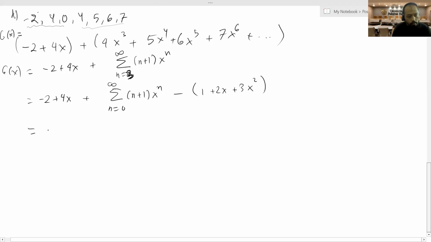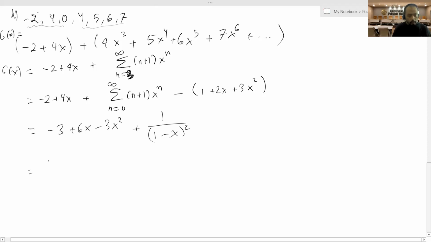Operating the summation, we have minus 3 plus 6x minus 3x squared plus, now the infinite summation becomes 1 over (1 minus x) squared.